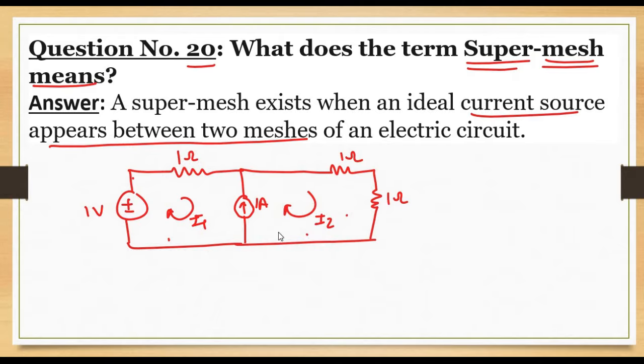Now this circuit we cannot solve by our conventional method, that is writing equations for these two loops, but we have to do it as the case of a super mesh, because a current source appears between the two meshes of an electrical circuit.